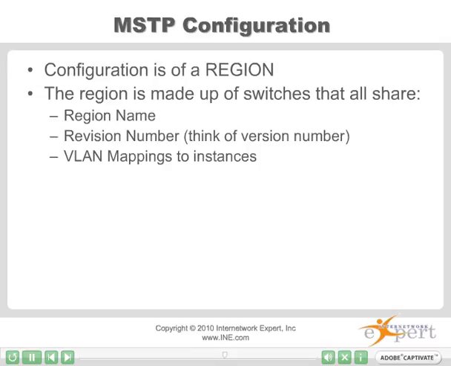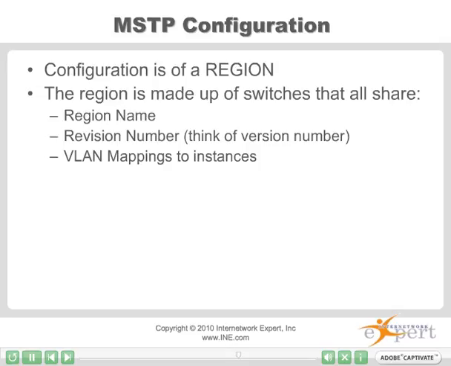The revision number, this is the thing that confuses everyone. Just think of it as like a version number. Like we have Microsoft Windows version 7. That's exactly what you want to think of here. It's a number that you're applying to all of the devices, and it is going to allow you to, as you kind of redesign your infrastructure, just increment your own revision number.